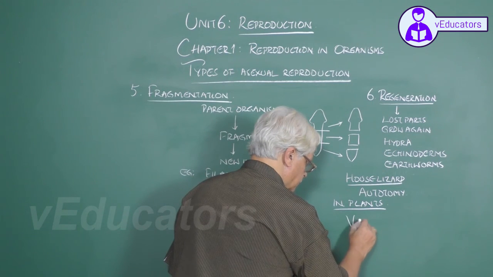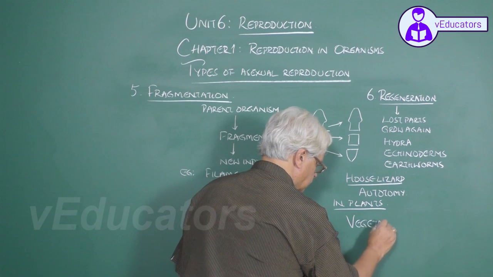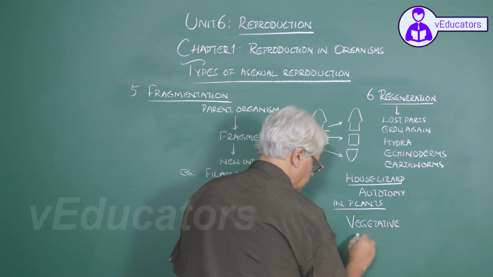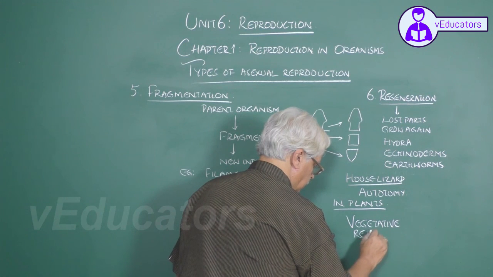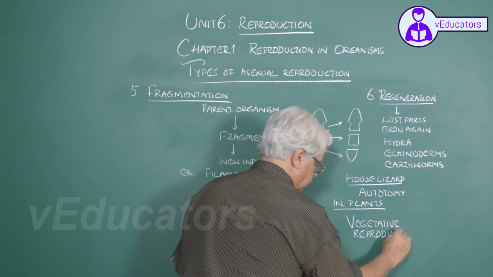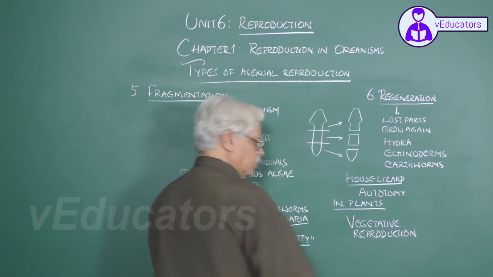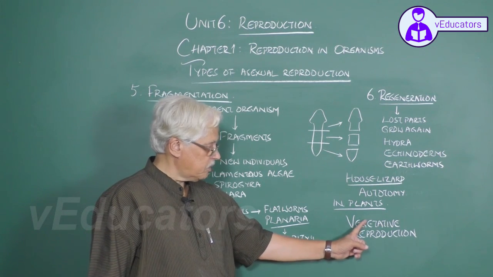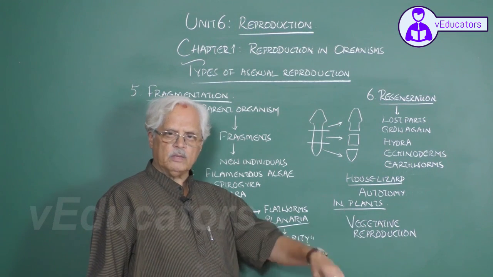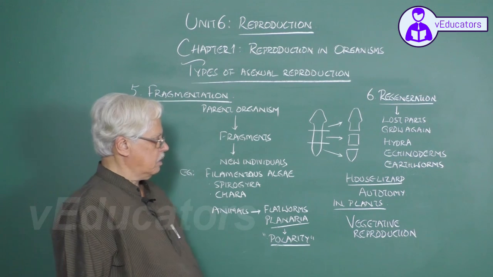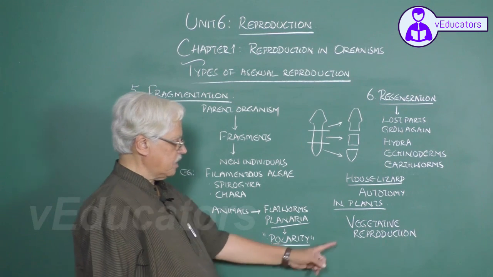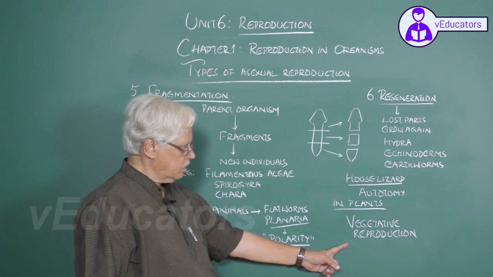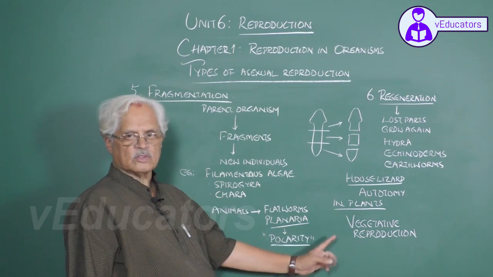It is known as vegetative reproduction. Reproduction by the plant body itself. It is also a special type of asexual reproduction. We will go into more details about this.